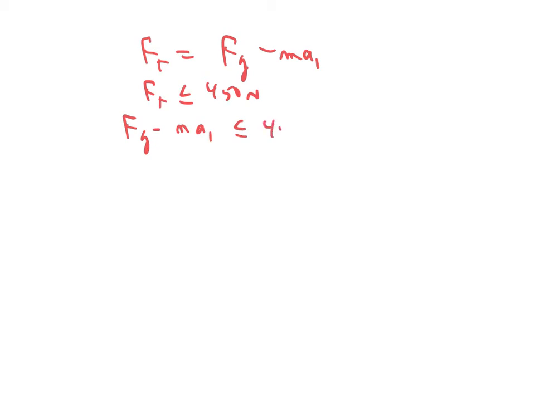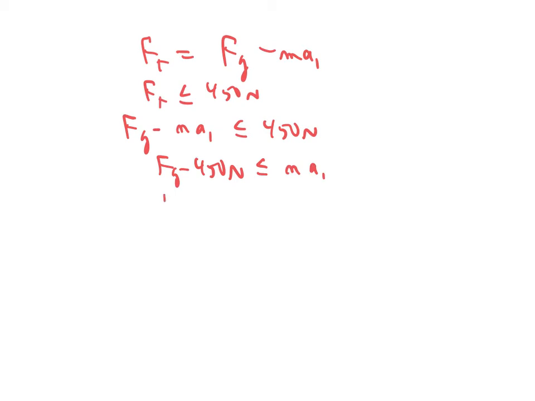I'm going to solve for Ft instead of for A. Now I'm going to get that Ft is Fg minus Ma1. But we also know that Ft is less than or equal to 450 newtons. So Fg minus Ma1 is less than or equal to 450 newtons, which means Fg minus 450 newtons is less than or equal to Ma1.